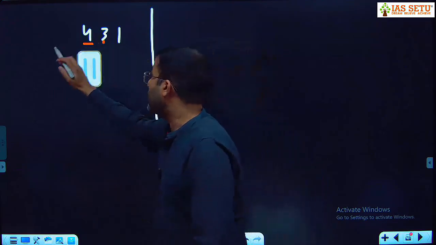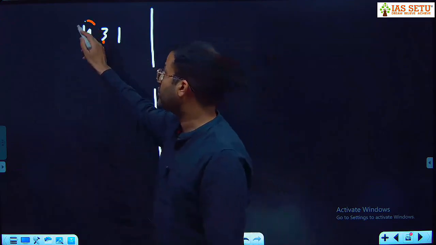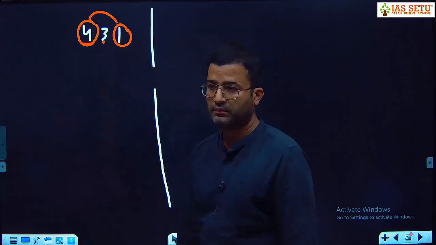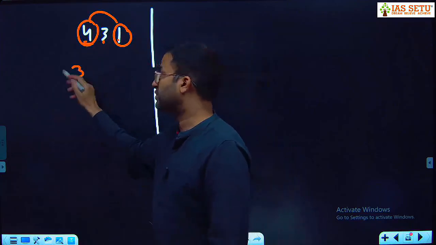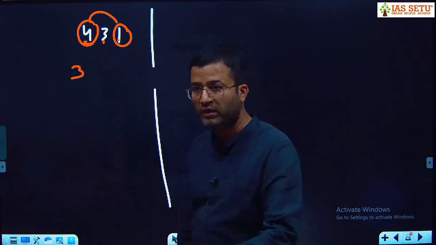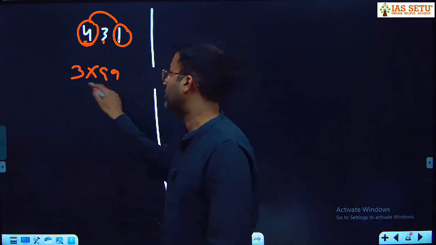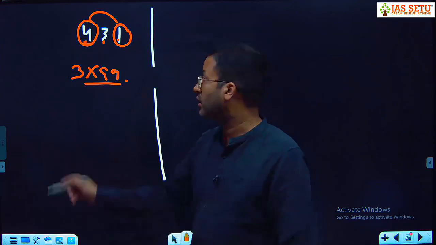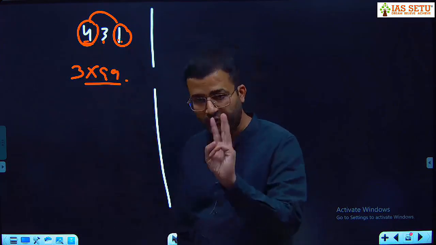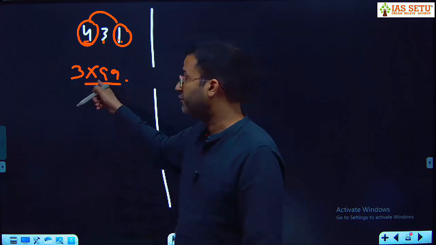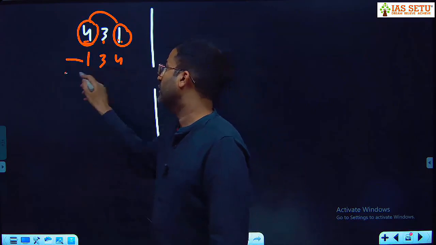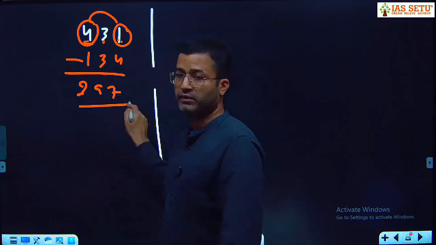So what you can do, step number 1, you see the difference between 100 place and unit place. If their difference is 3, जो subtract करके आएगा वो 3 multiple of 99 होगा. If your 100 place and unit place have a difference of 3, your difference will be 297. Check कर लो. 431 minus 134, it is coming 297.